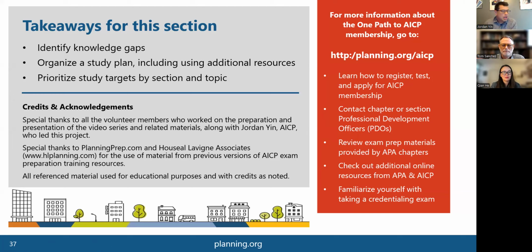We've mentioned a couple of APA member resources like Planning Advisory Service reports, PAS reports, also some references to the classic textbooks, and also for things where it's a high value added target or some things where you really need to brush up on, prioritizing some study targets by section and topic.